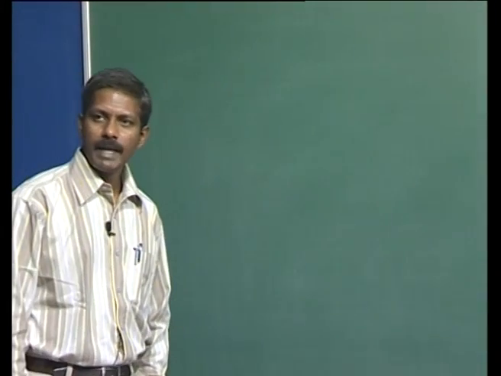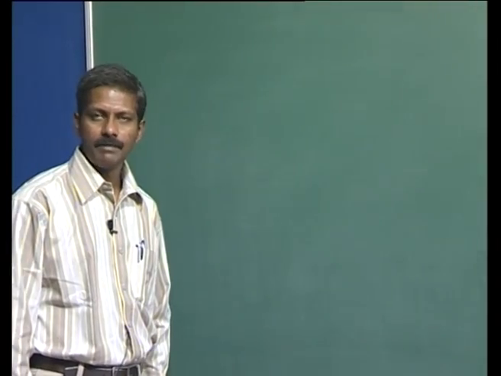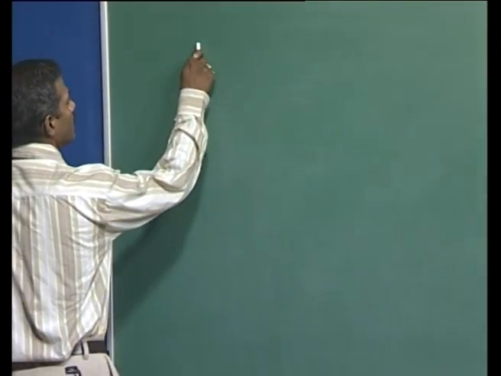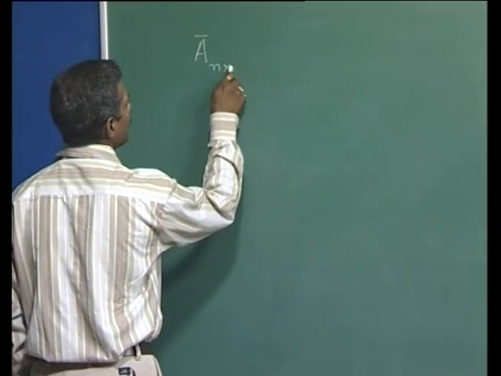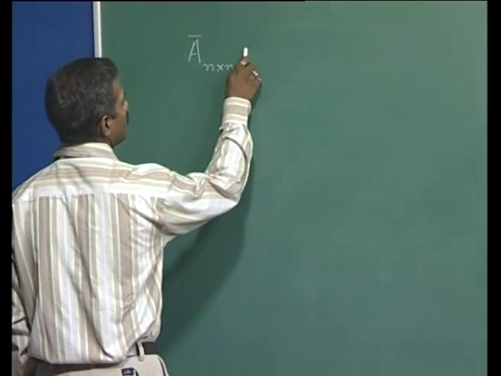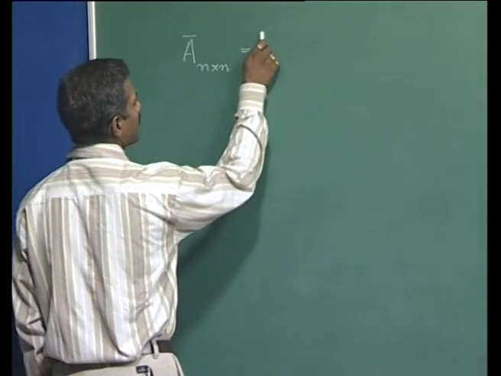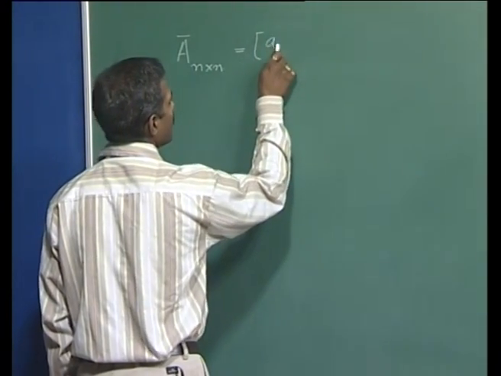Well, what do I mean by a positive definite matrix? Say we have a square matrix of size n by n, and this matrix has elements A_ij.